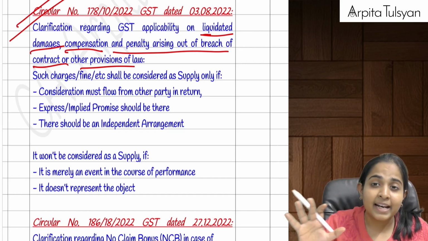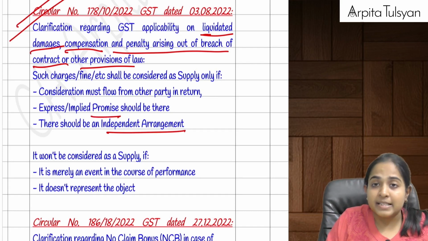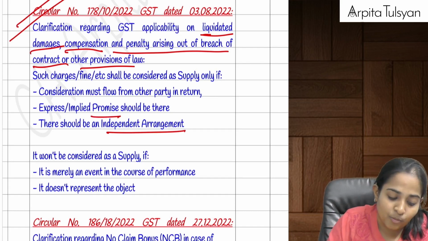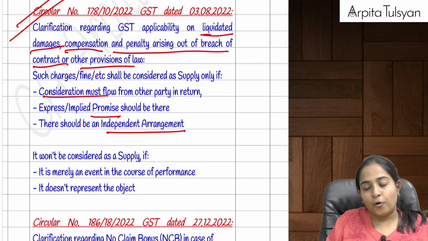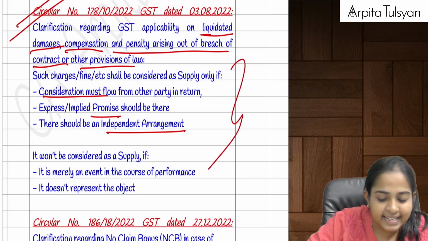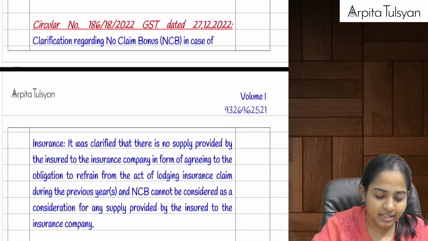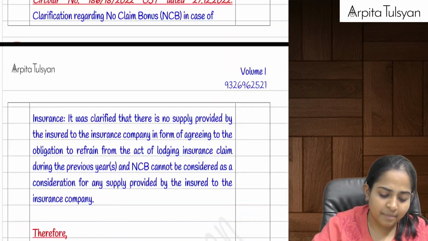It has been specifically agreed, there is an independent agreement for that, a promise that if there is a breach, then so much consideration will flow. If all these conditions are fulfilled, then yes, it will be considered a supply. Are you clear with this? Yes, and for that we have got some examples also coming up.